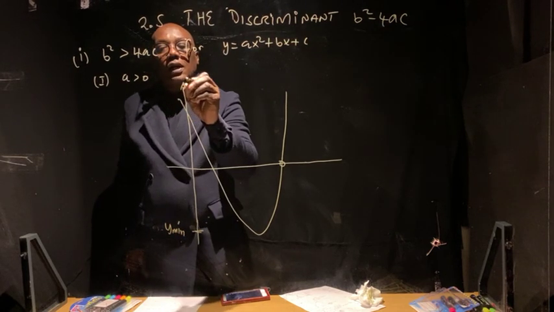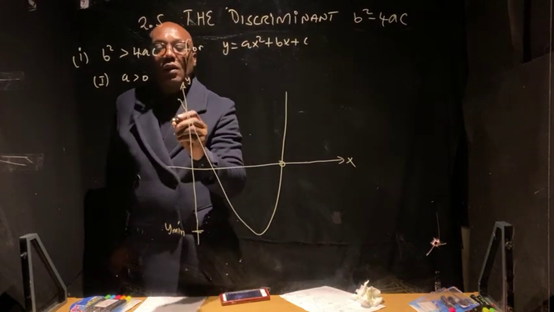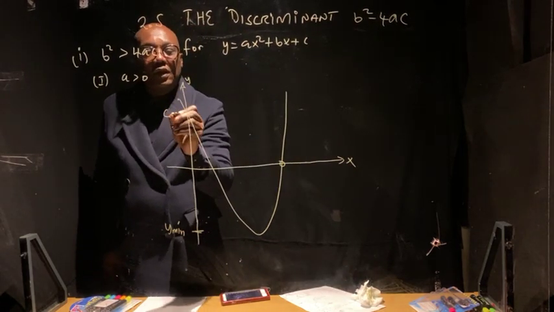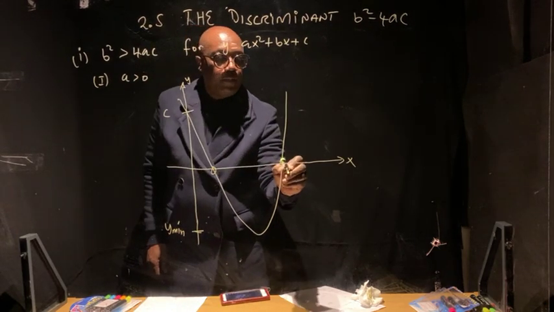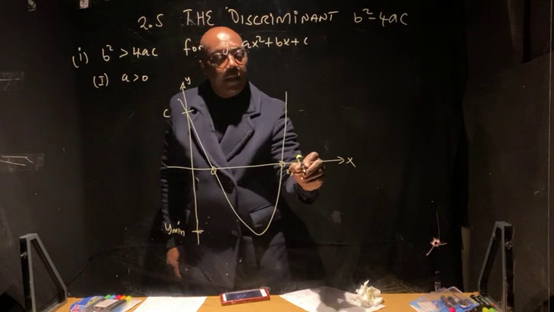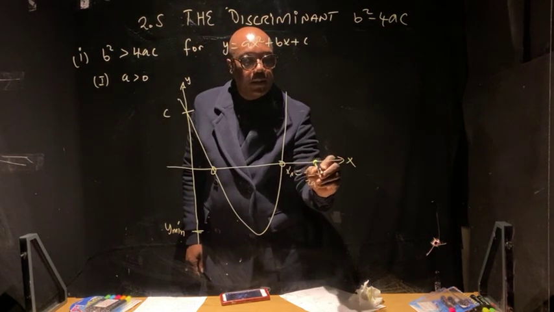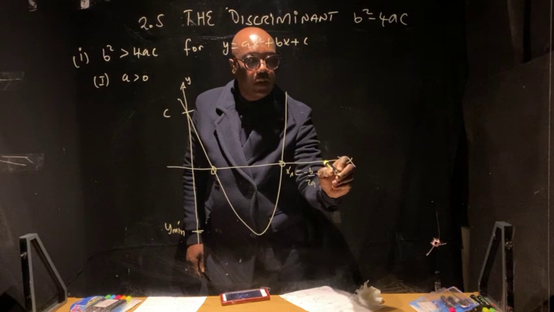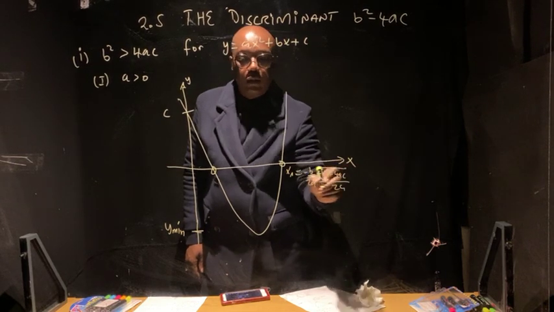And this is the y-axis, and this is the x-axis, and this is the y-axis intercept, which is c. And this is x1, which is negative b over 2a plus the root of b squared minus 4ac over 2a.